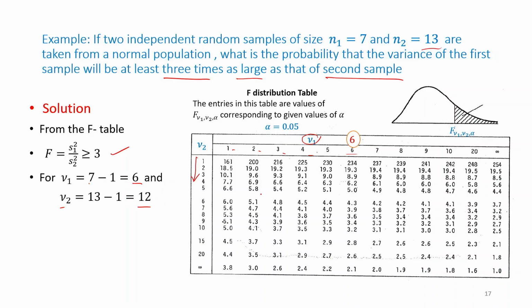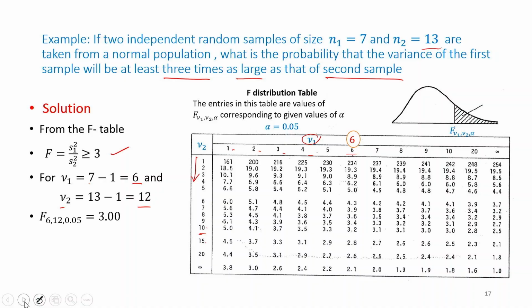So for 6 and 12, I have to come where 6 is here, but 12 is not shown in this particular table. 10 is given and 15 is given. So if I know the values for 10 and 15, then we have to extrapolate to find out what the value of F should be.